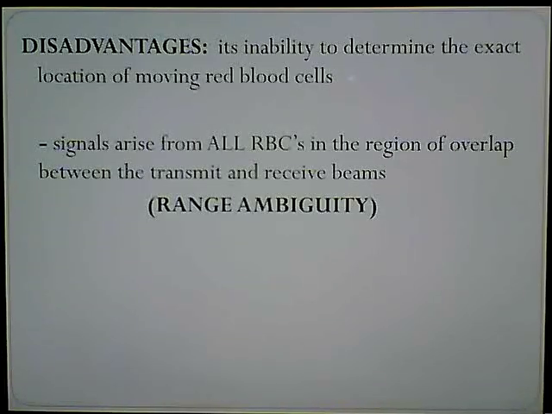This is called range ambiguity. That is the disadvantage of continuous wave Doppler. Range ambiguity. It defines itself. The range is ambiguous. It's almost like we just hope that whatever's traveling there is right, but we look at it all and jumble it all up. Here's the number.